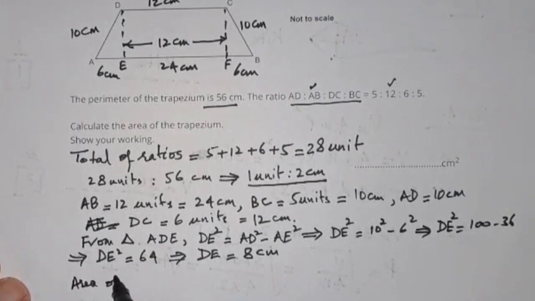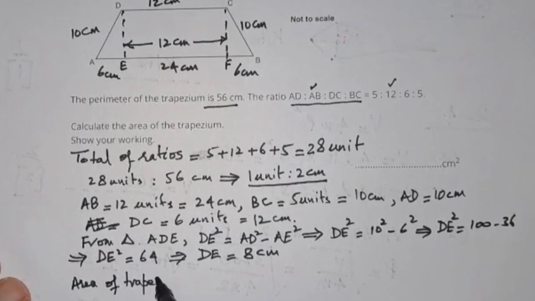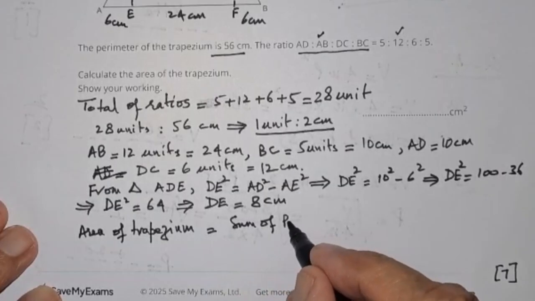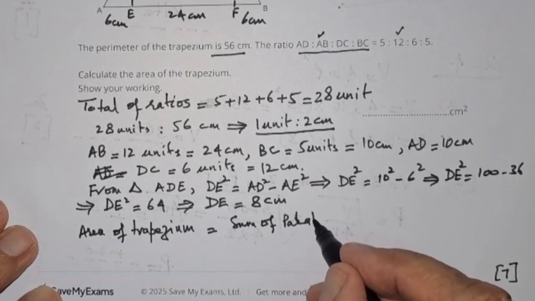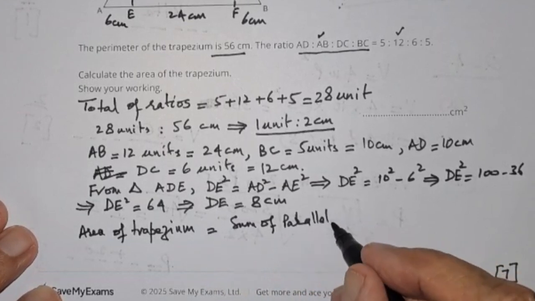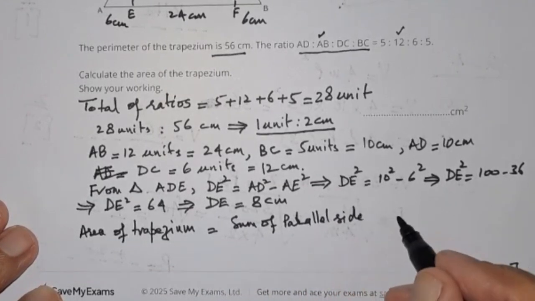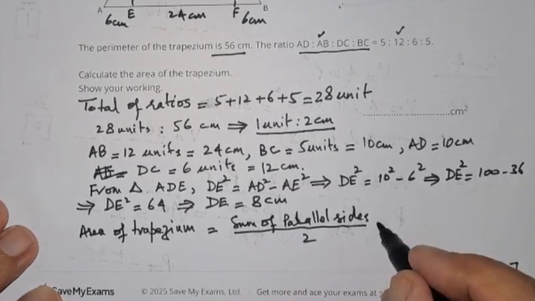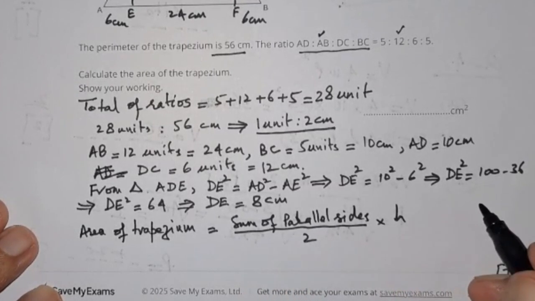Area of trapezium formula: sum of parallel sides divided by 2 multiplied by height.